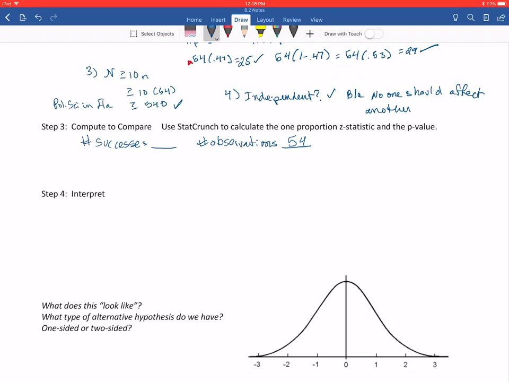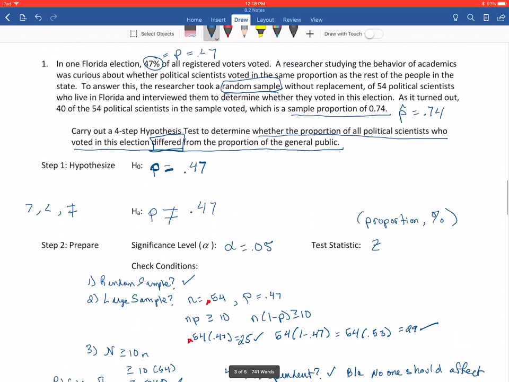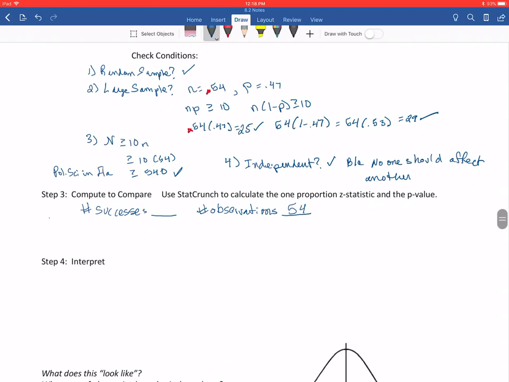The number of observations were the 54 political scientists who were asked. And a success would be that they voted in this case. So here all it has told us is that 74% of them voted. So you're going to need to do a quick calculation here. How many is 74% of the 54 who were asked? And it should come out as 40.